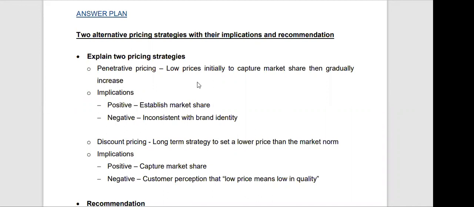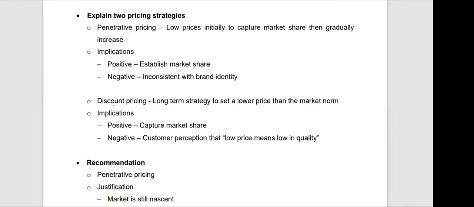So that's the first pricing strategy which I've highlighted. Then the second pricing strategy is discount pricing. This is a scenario where our long-term strategy is to set a lower price than the market. So if the market is charging £100, we would end up charging something like £80 or £90.